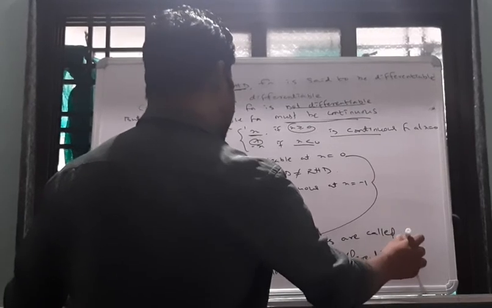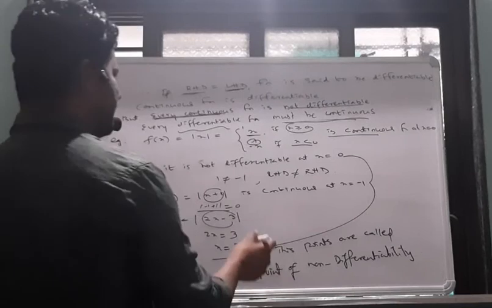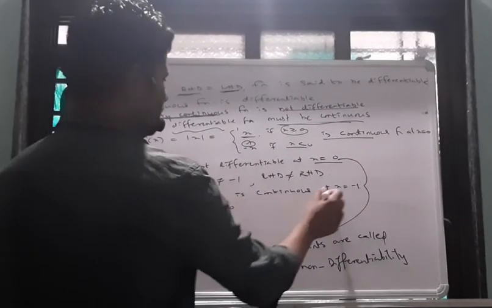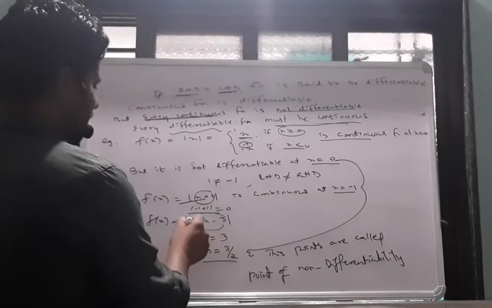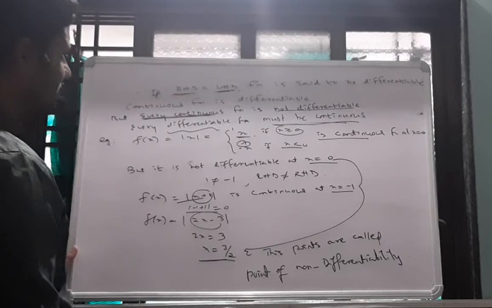This is important for CET. So the point of non-differentiability for mod x is x equal to 0, for mod of x plus 1 it is x equal to minus 1, and for mod of 2x minus 3, the point of non-differentiability is x equal to 3 by 2.